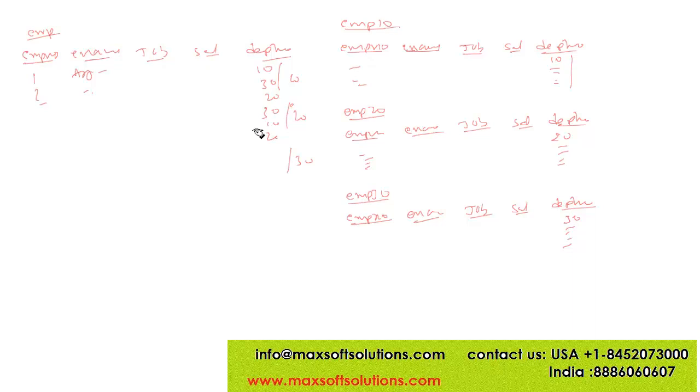Now this is called combining more than one file into a single one. So when you want to combine more than one file or table, you must follow three principles. Number one, the structure of the three files must be the same. Next, data must be different, because of this 10 department, 20, 30 department.